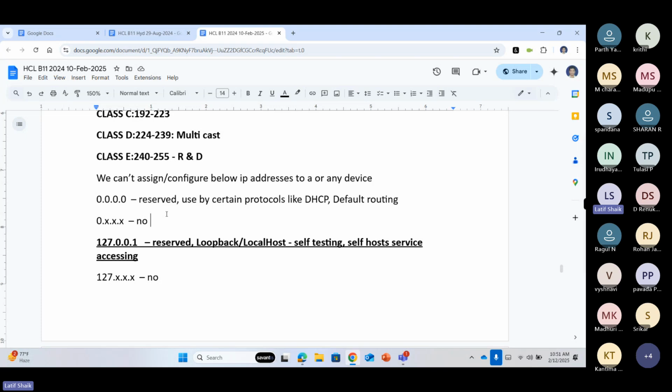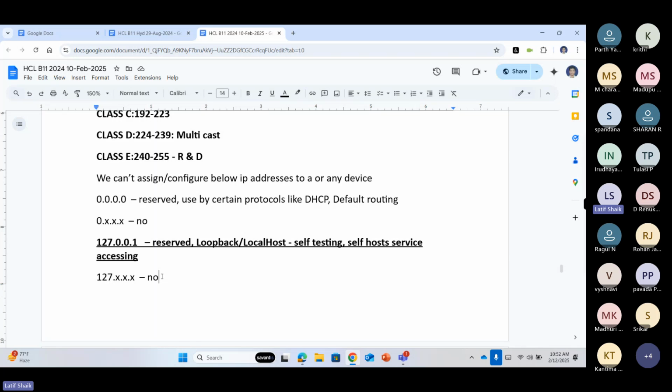127.0.0.1 is a reserved IP for loopback or localhost. Loopback purpose is self-testing. Localhost means self-host accessing: within your system, you want to access your web-related services or some application-related connectivity through web or network connectivity. We use this IP address. Anyway, the 127 series we can't assign to any device.